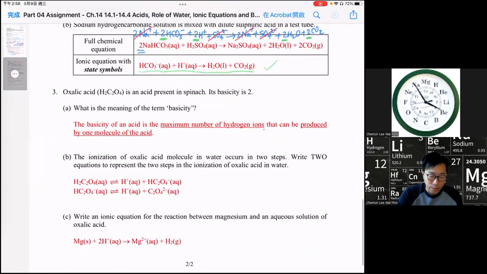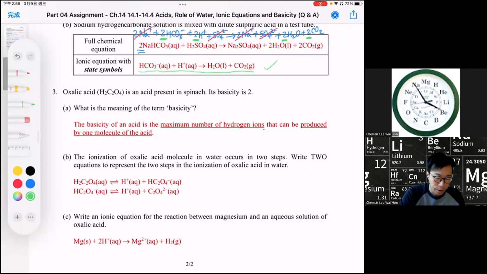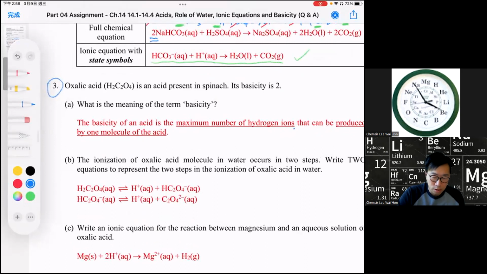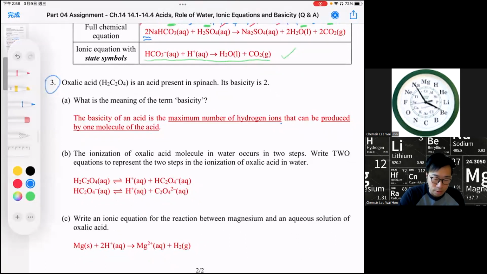The last question, question number 3. Oxalic acid is actually quite a famous acid in the history of Hong Kong public examinations.